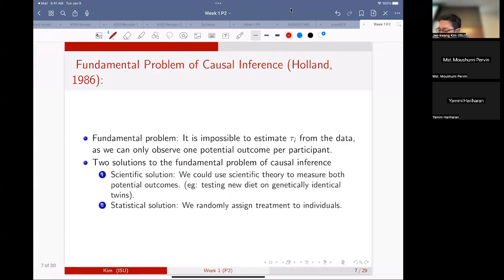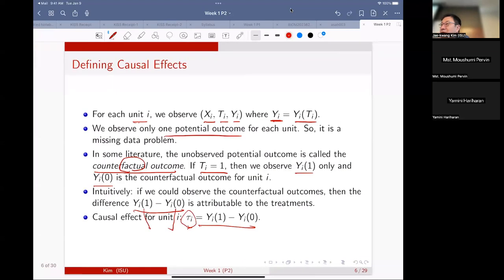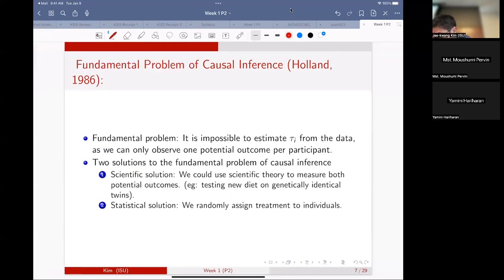However, this is impossible, right? This is sometimes called the fundamental problem of causal inference: it is impossible to estimate tau i, which is yi1 minus yi0, from the data, as we can only observe one potential outcome per participant. Okay, so that is the fundamental problem.